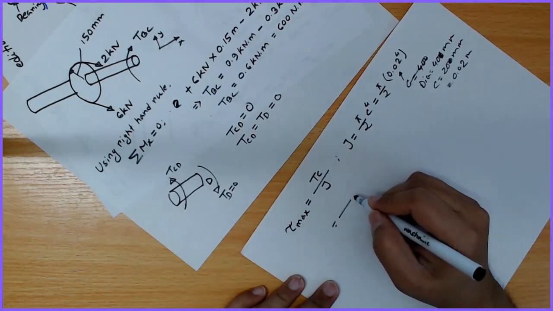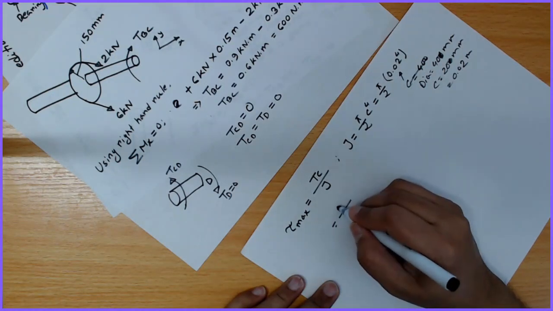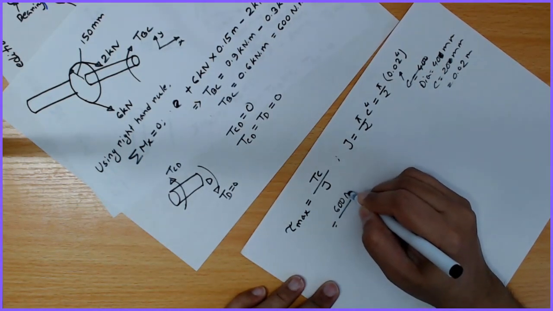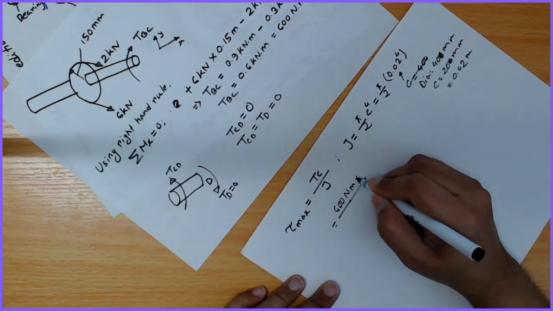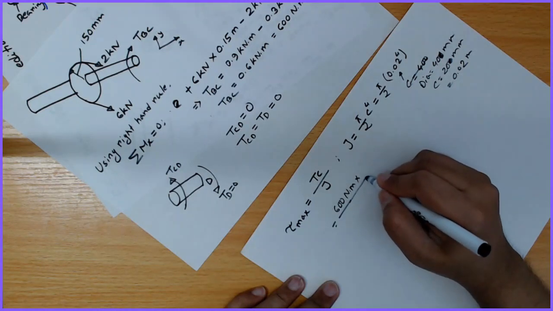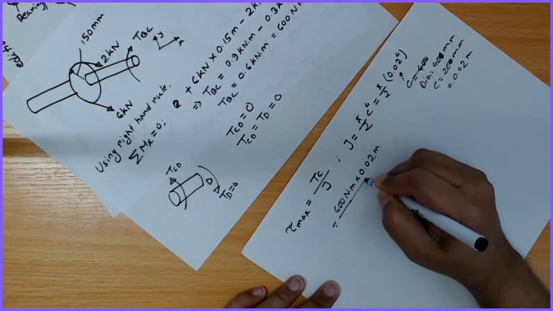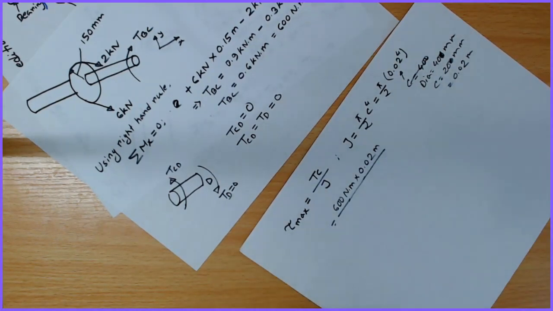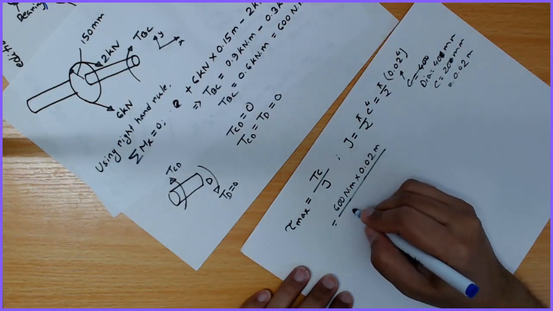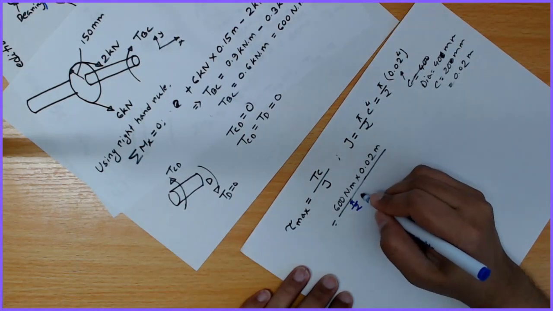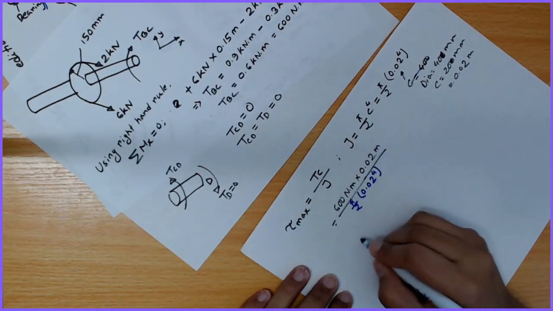Now, we learned that T, TBC, is 600 Newton meter multiplied by c, which is 0.02 meter, and J is pi by 2 times 0.02 to the power 4.